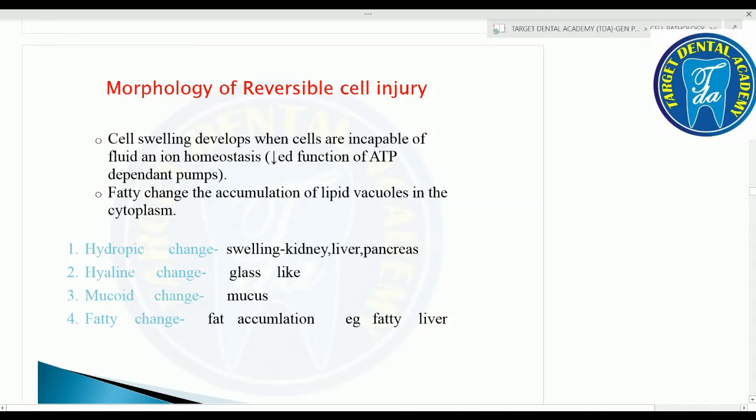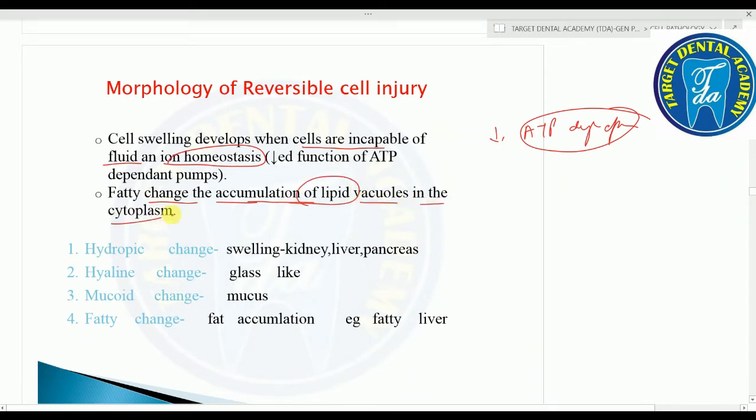So the cell swelling develops when the cells are incapable of fluid or ion homeostasis, in which there is a decreased function of ATP dependent pumps. The fatty change: in fatty changes, the accumulation of lipid vacuoles in the cytoplasm is often seen.